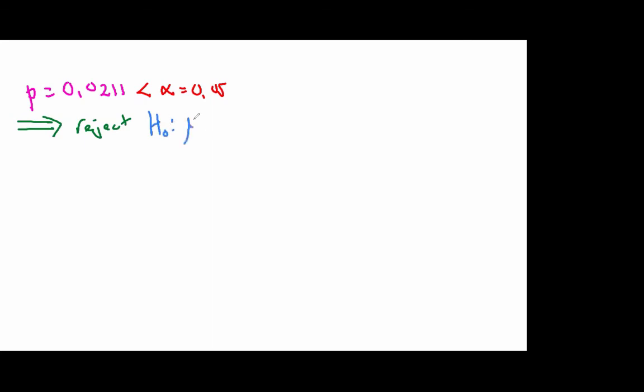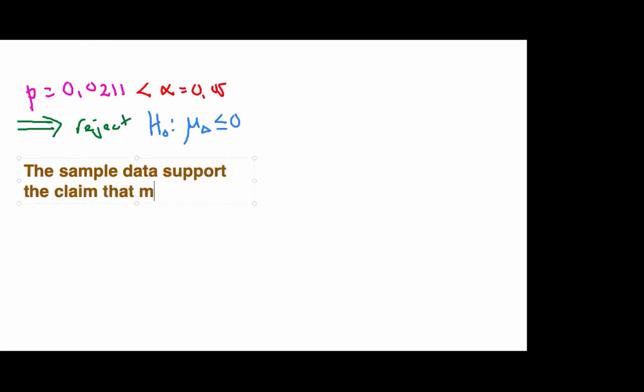The null said that the average difference was less than or equal to 0. And the consequence of this was that the sample data support the claim that more accidents happen on Friday the 13th. Okay, so that was the general gist.